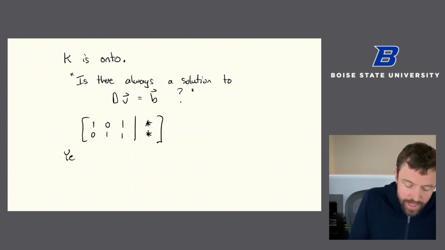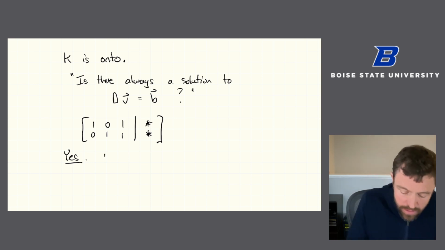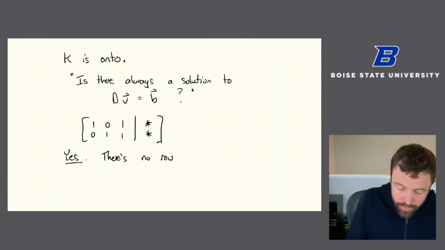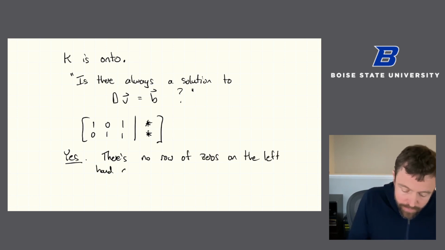And the answer is yes, because the only thing that can go wrong is that there would be a row of zeros, but there's no row of zeros on the left-hand side. And that really doesn't depend on what we plug in here.